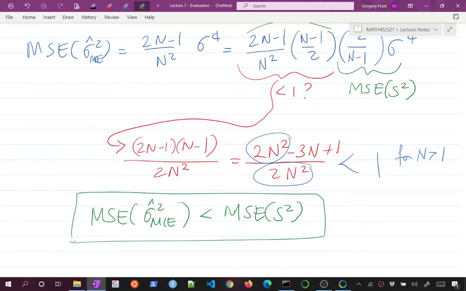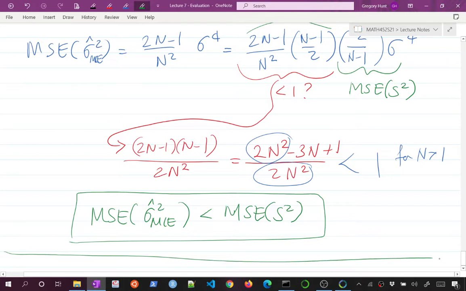That is counter to intuition, because people are so familiar with this nice estimator s squared, which is very commonly used. And then we go through all this rigmarole in intro stats talking about how you have to use n minus 1 in the denominator. Well, it turns out if you use n, it actually has a lower MSE.